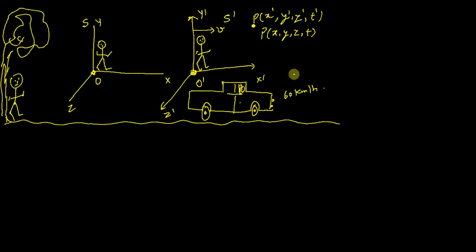So this is the physical situation. This man observes in his frame of reference, and this man observes in his frame of reference, according to his coordinates, right? Mathematically, this distance from this observer is x prime, the distance with respect to the origin for the O prime observer, and for this observer this distance will be x.